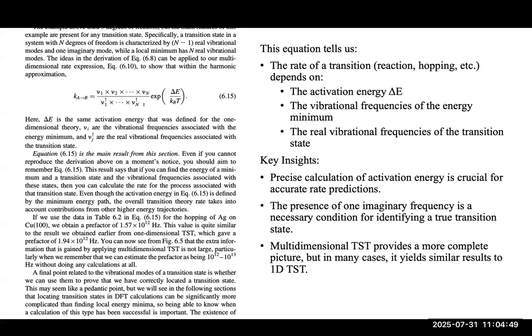Last time we saw that frequency is the force constant over the reduced mass in 1D. And this works when you have a minimum. What happens if you have a maximum?